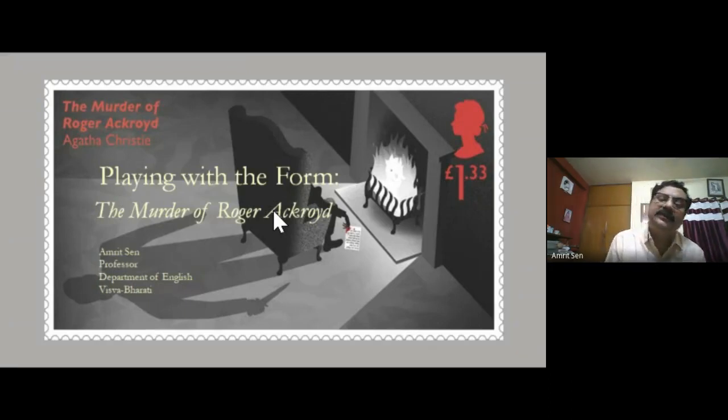Now, this, interestingly, is a series of 6 stamps that were released on Agatha Christie. So this is the British Mail actually having released the stamp.